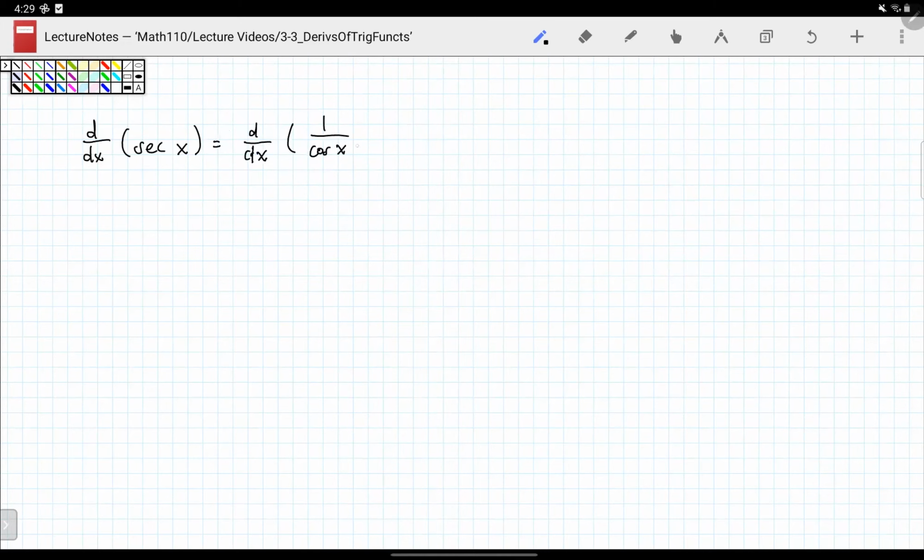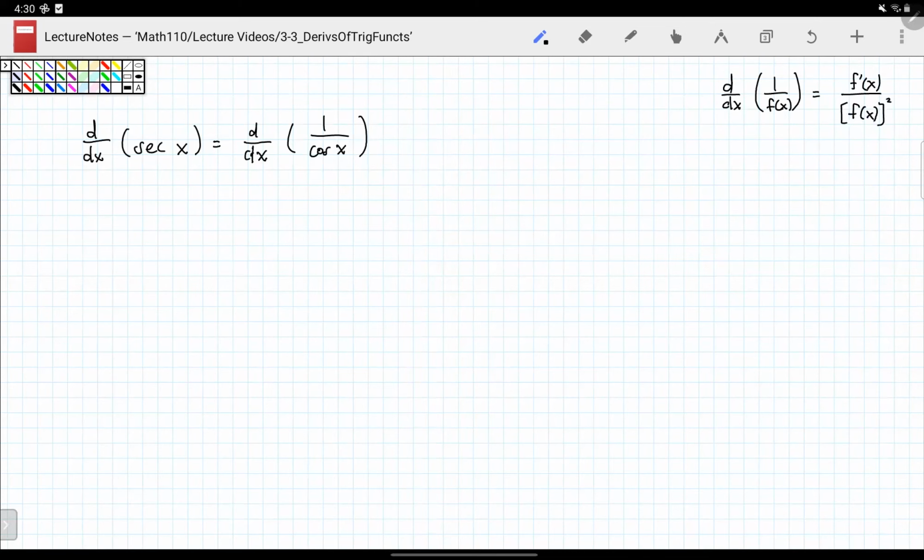So I can use the quotient rule, or I can use the chain rule. You might actually recall that the derivative of the reciprocal of a function is the derivative of the function in the numerator and the function itself squared in the denominator.